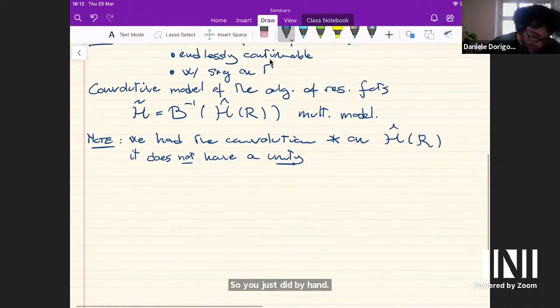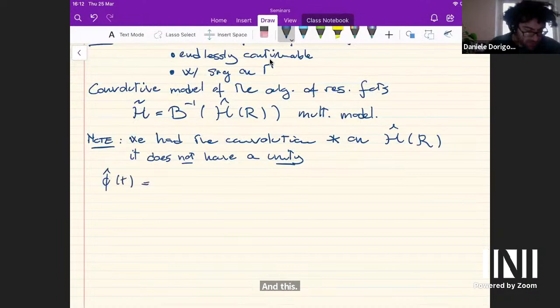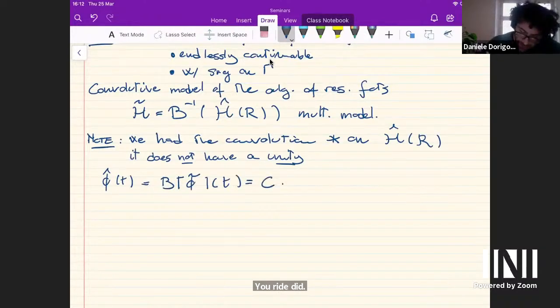And this phi hat of t, you write, remember, as always, as the Borel transform of some function. I'm going to write it as some complex number times this unity, which I'm going to be calling delta, plus the bit that we have already seen.